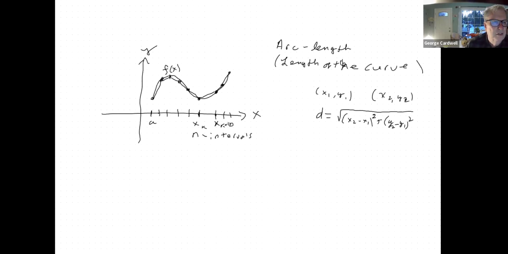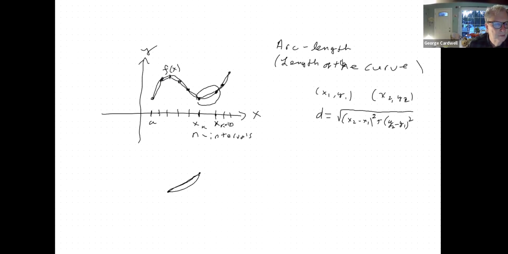So for grins, let's look at this part. I'll kind of explode this part right here. There's a point there, and a point there. The curve's going like this, and that's supposed to be our straight line.